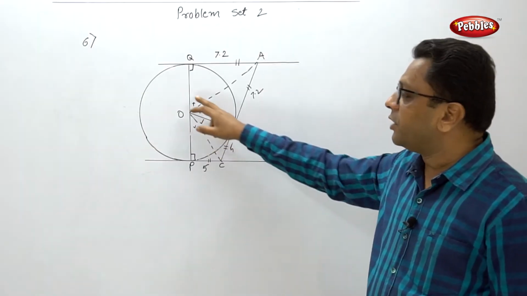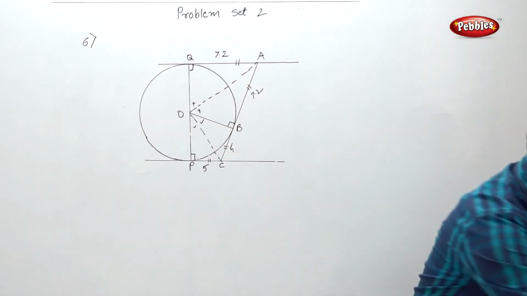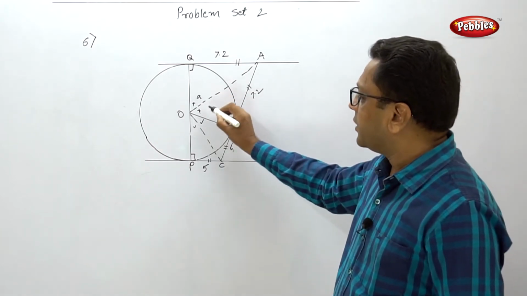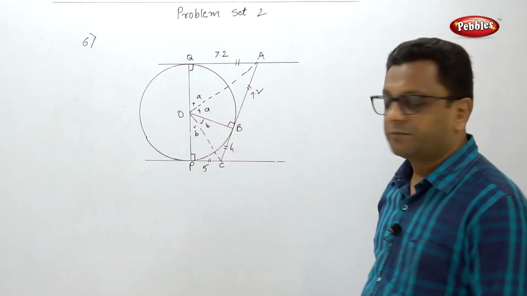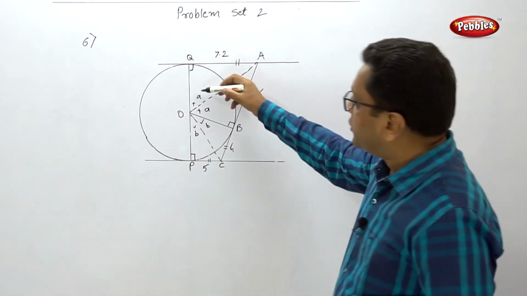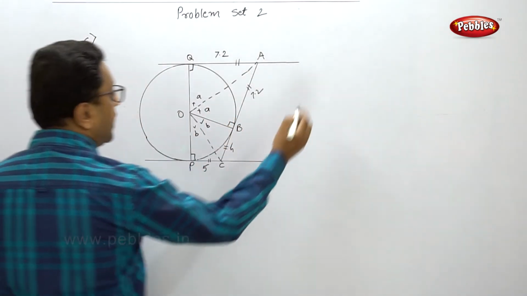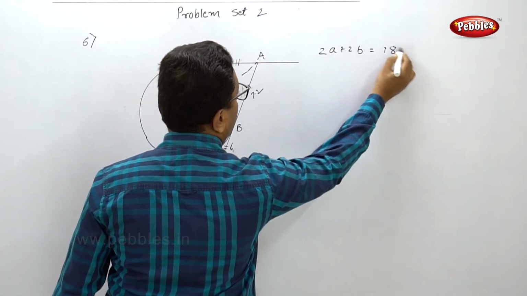I will just give names to these angles. We can directly write that. Suppose this is A, then this is also A, this is B, and this is also B. So you can say 2A plus 2B is equal to 180.